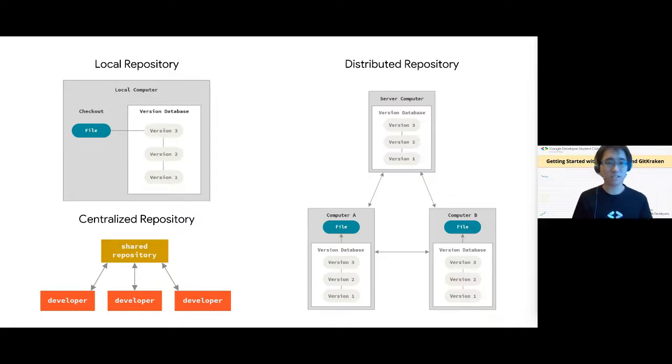The first one is just a local repository. So every change you did is on your local computer, and it just stays on your local computer. So one day if your computer explodes, then it's gone. The next is a centralized repository where each developer will connect to a shared repository to do changes.